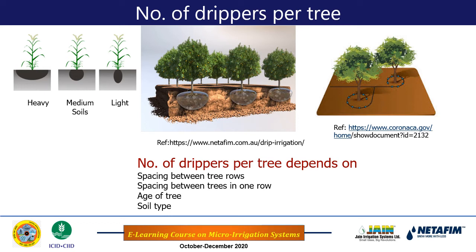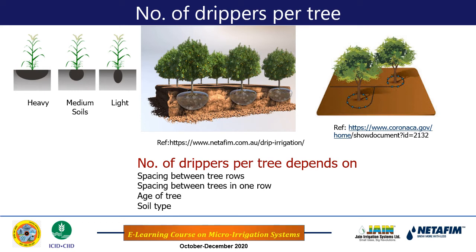If we go into the second year, maybe the pomegranate plantation on heavy soil will need 2 emitters, whereas the pomegranate plantation for light soil will need 3 emitters. And as we go further, the number of emitters will go on increasing till the entire canopy is stabilized. So this is how we have to consider the number of drippers per tree.